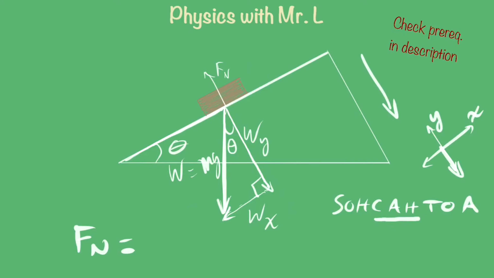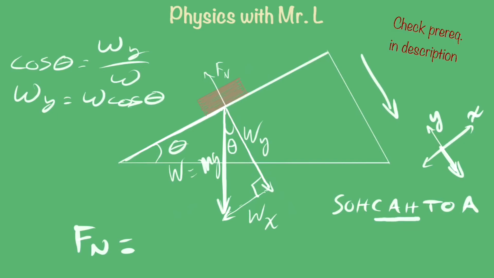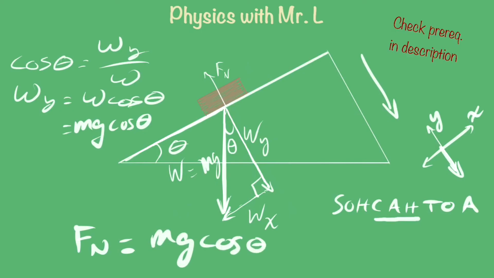So we have that the cosine of theta is equal to the adjacent side, which is wy, over w. So wy equals w cosine of theta, which is equal to mg cosine of theta. And so the magnitude of the normal force will be equal to mg cosine of theta.